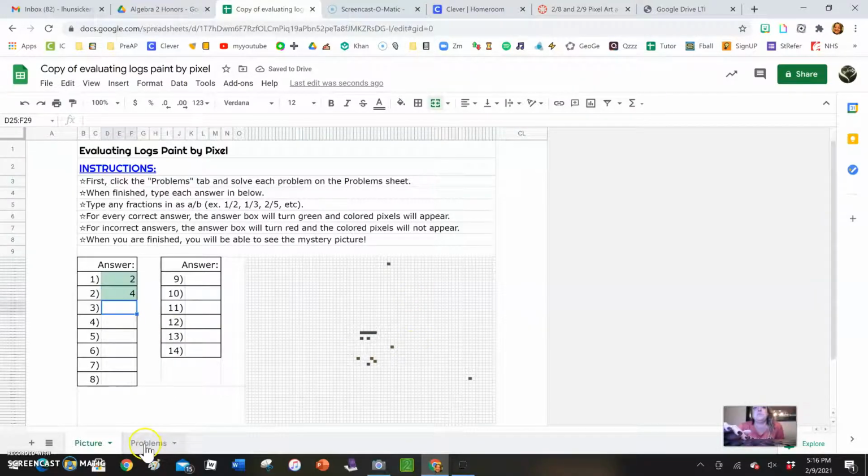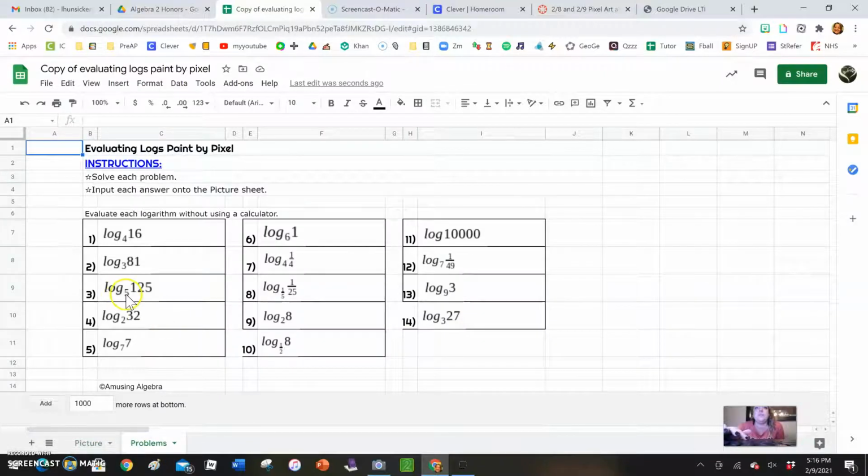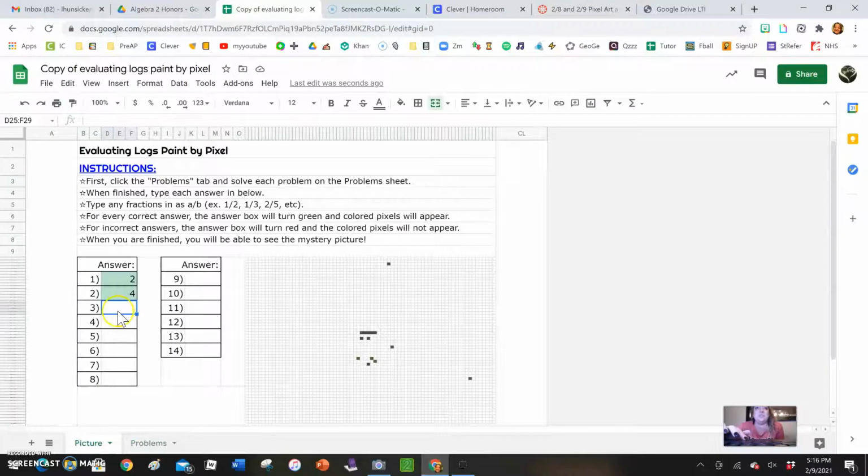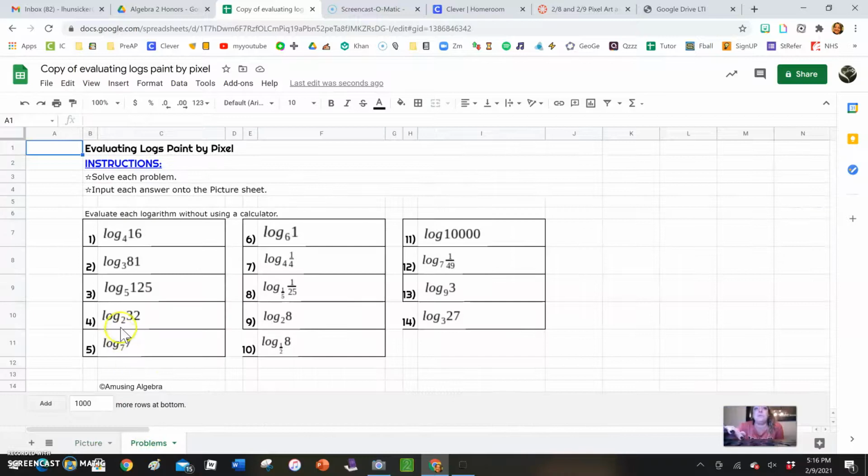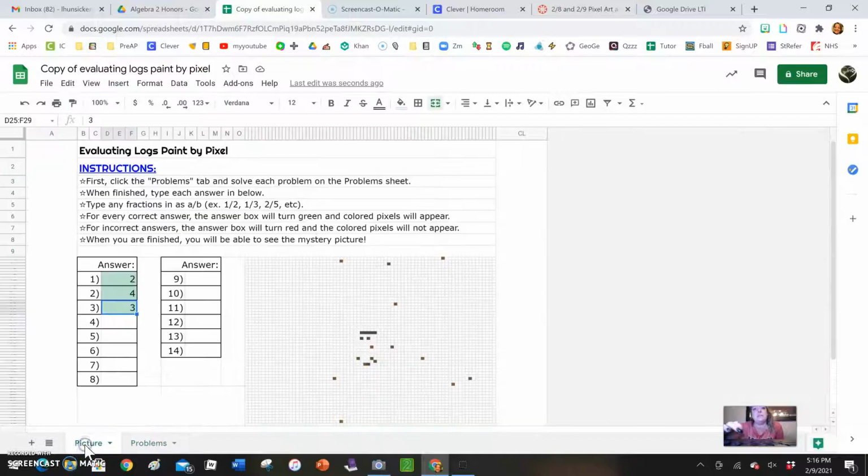Okay. Number 3: 5 to the what power is 125? That's going to be another 3, because 5 times 5 is 25, times 5 is 125. Okay. 2 to the what power is 32? That's going to be a 5. See how I'm getting more and more pictures and pixels? Okay.